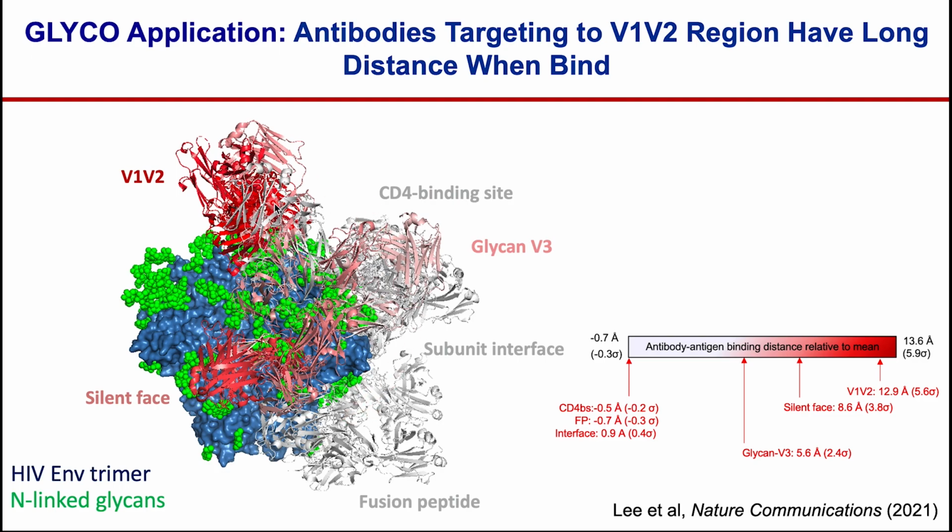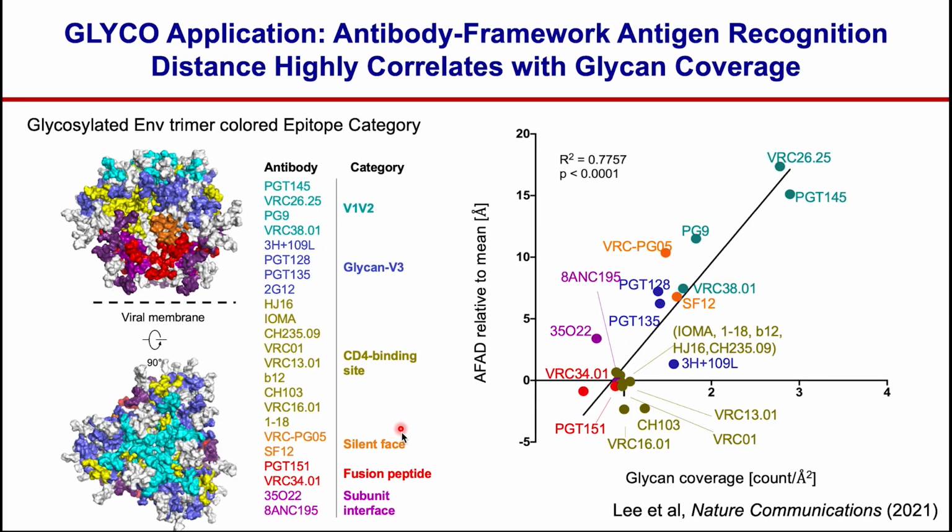So once we found all this distance distribution, I got a question: what is the relationship between the distance and glycan density? So GLYCO has a function to calculate the glycan density just for a specific epitope. So for example, the epitope called the V1, V2 region is colored in cyan here.